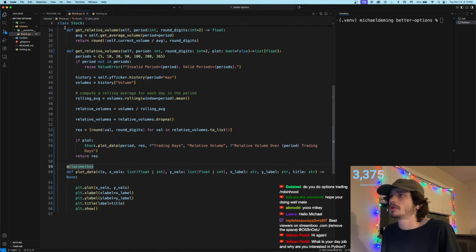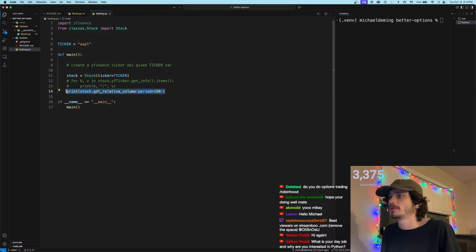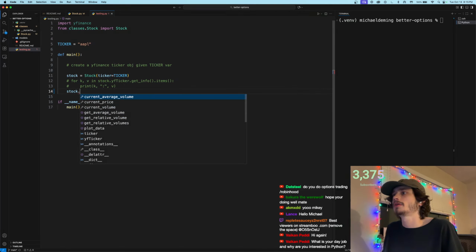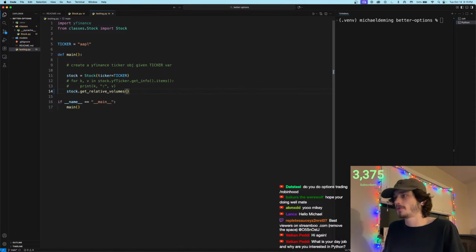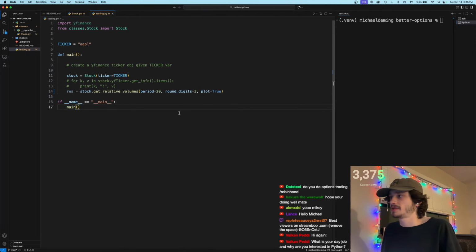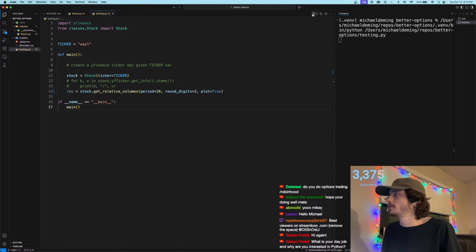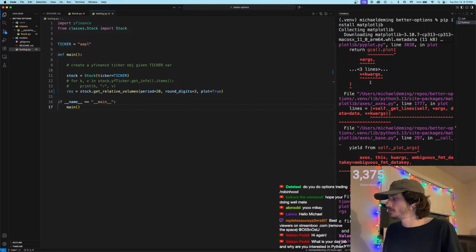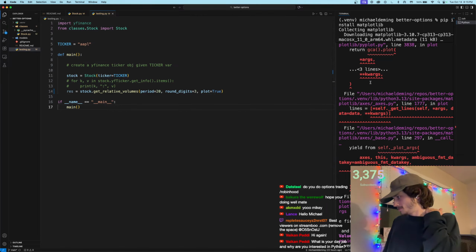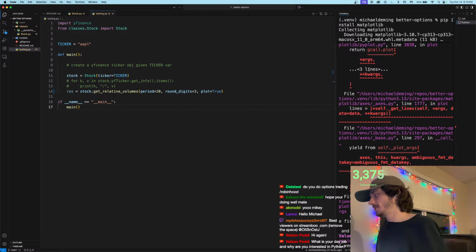So if I go into testing now and we call stock.get relative volumes for the past period, let's say 20 days. And let's round the digits to, let's say 3. And let's plot true. And then we capture this in res here. Okay, so they're different lengths.